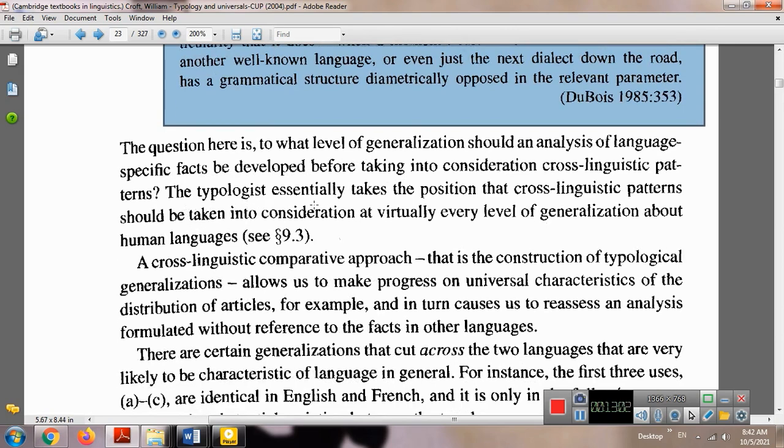The typologist essentially takes the position that cross-linguistic patterns should be taken into consideration at virtually every level of generalization about human languages.